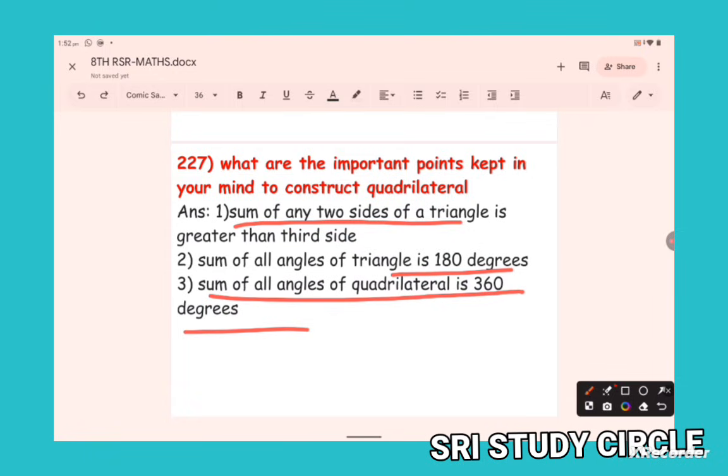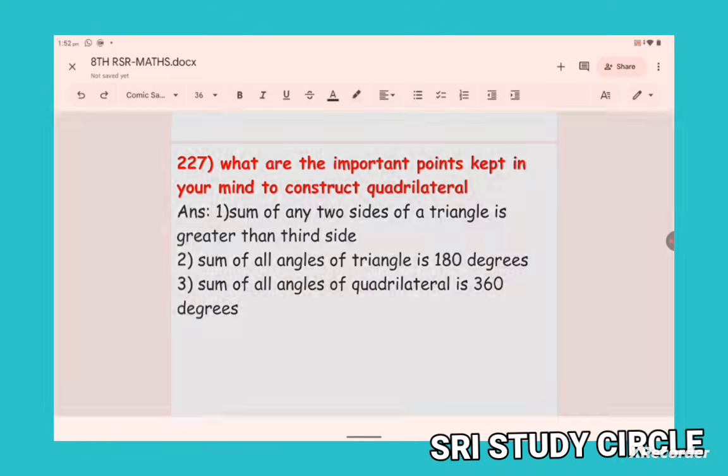The sum of all interior angles of a triangle is equal to 180. The sum of all 4 interior angles of a quadrilateral is equal to 360 degrees.